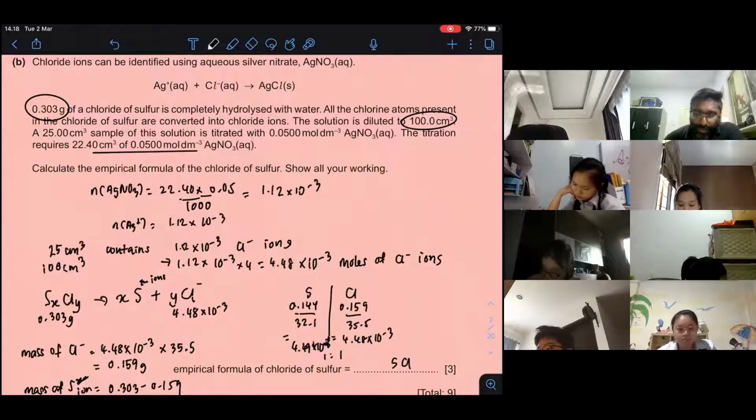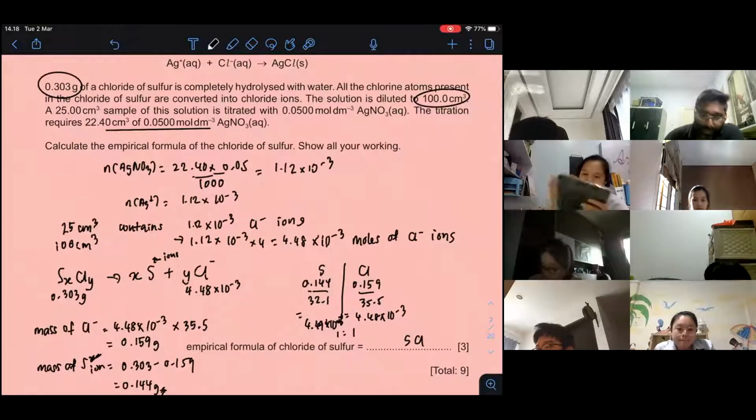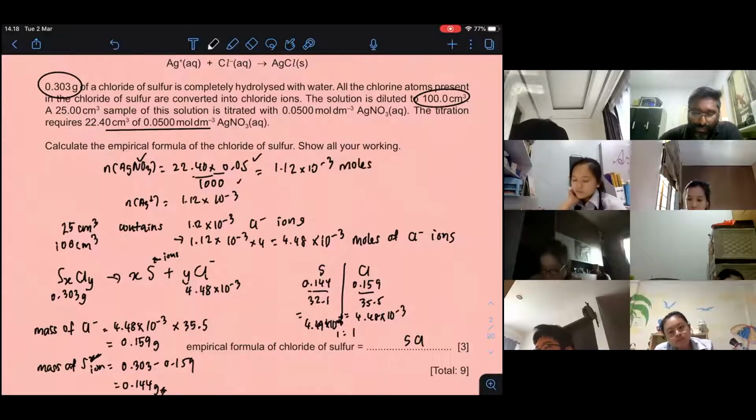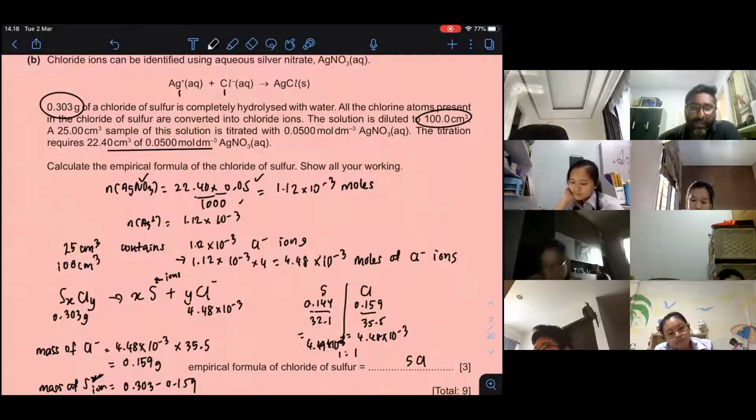So what we can do is find out the number of moles of silver nitrate. Calculate that: this one times, and then divide by 1000, you get the number of moles. And I know every 1 mole reacts with 1 mole of this. So this is the number of moles of silver ions.